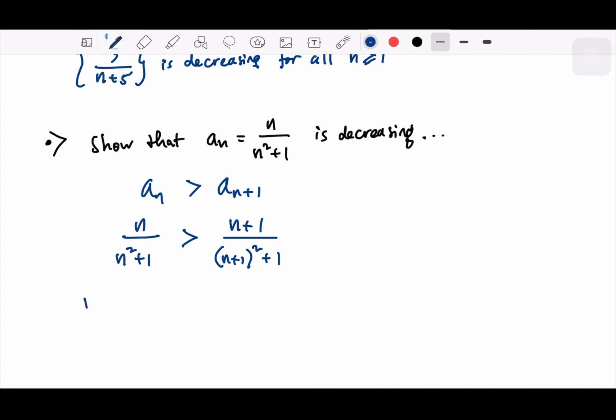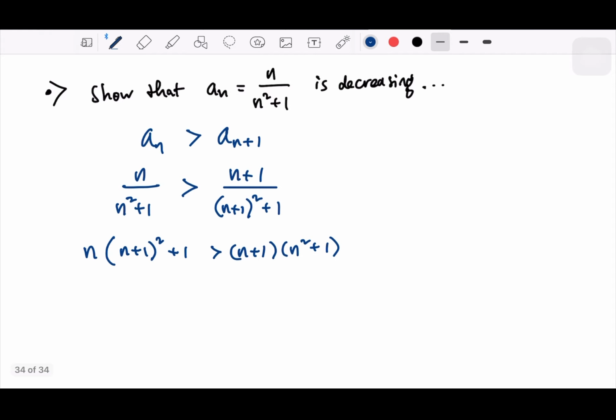Let's say we can multiply, and let's solve this and see what it looks like.